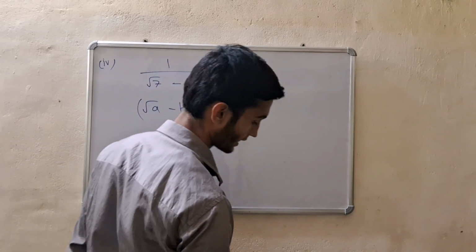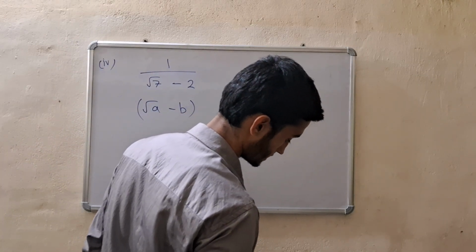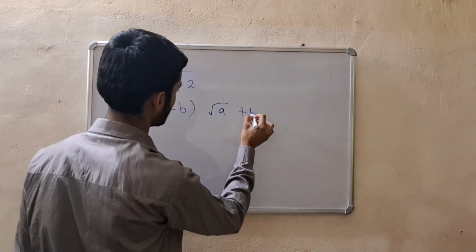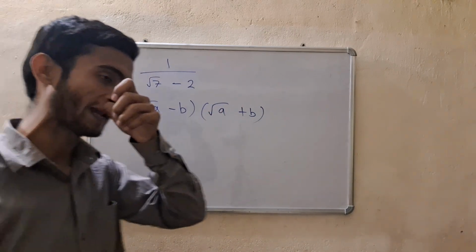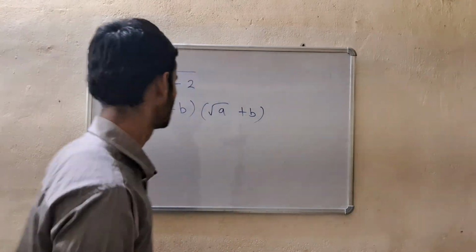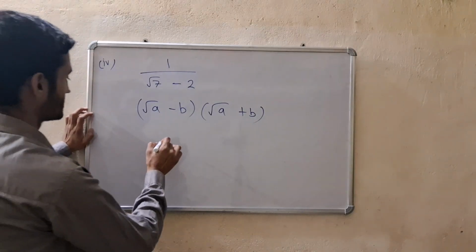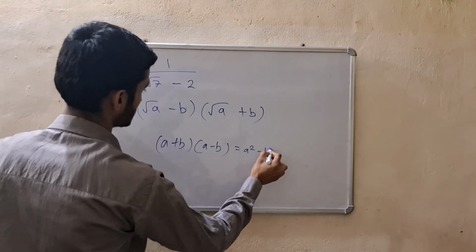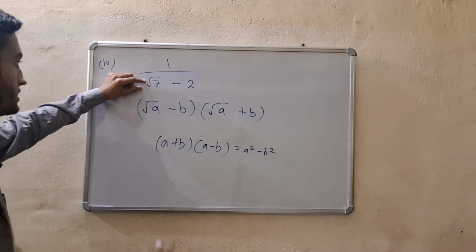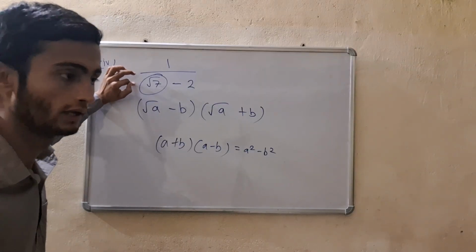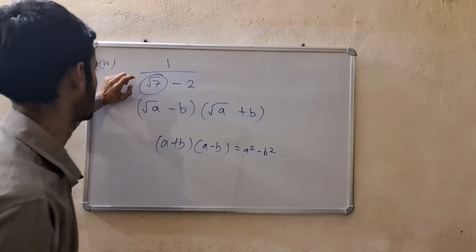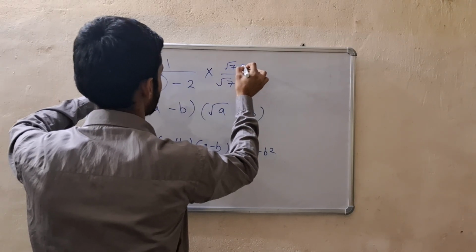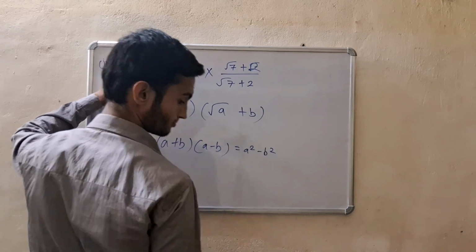We also have an identity for this, but instead of remembering and mugging those identities up, you just remember one identity: a plus b times a minus b equals a squared minus b squared. What do we want here? We want somehow that the square root of 7 gets squared. So we multiply by square root of 7 plus 2, and the same in the numerator.